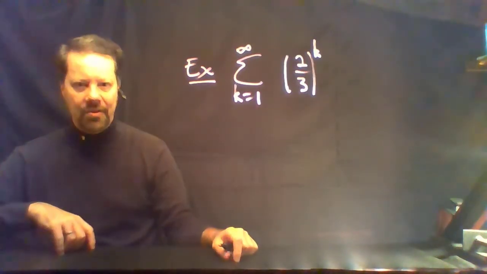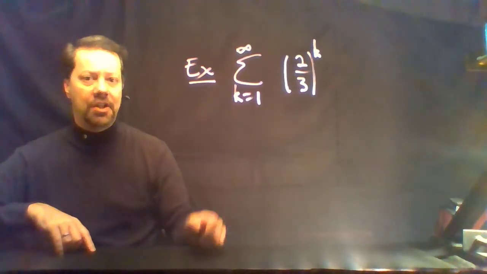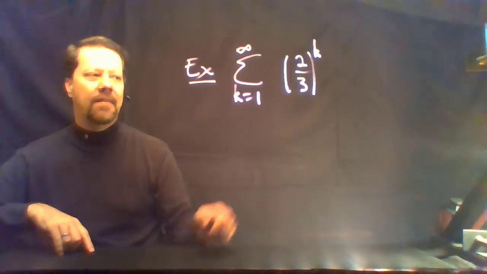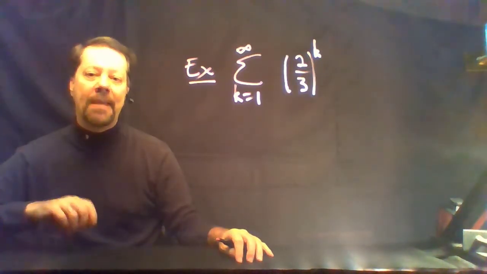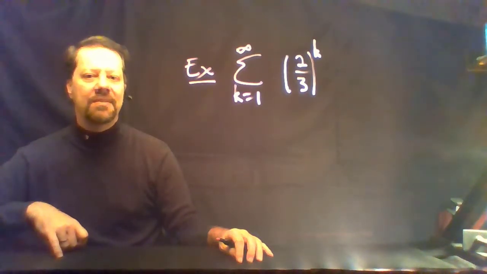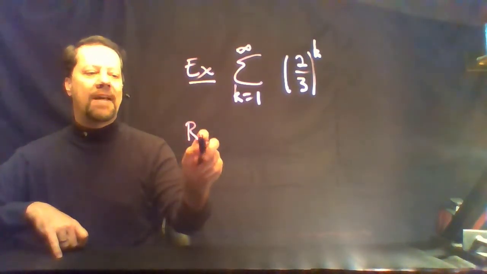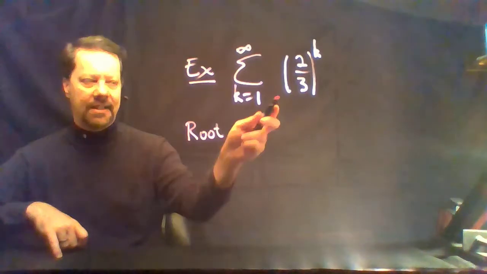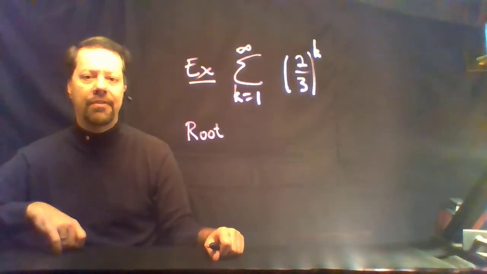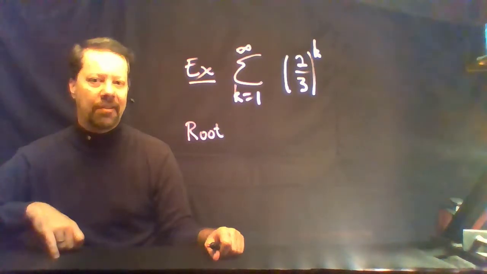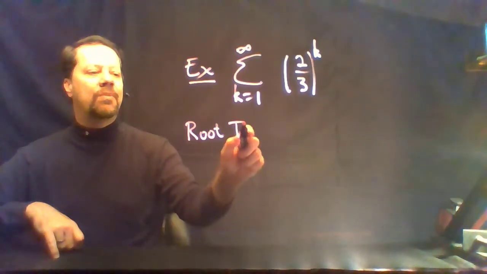Now I know that you know that this is a geometric series. We have these exponents k, and that's a key indication that you may use the root test. So rather than use the geometric series test, where we already know that this converges because it has a common ratio of 2/3, and that's smaller than 1, we'll use the root test.